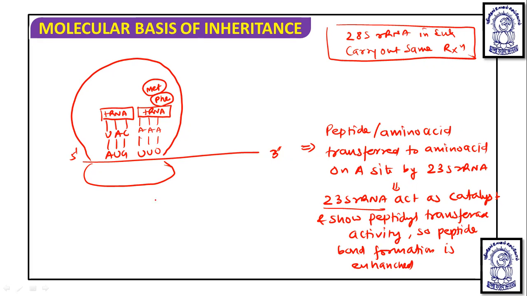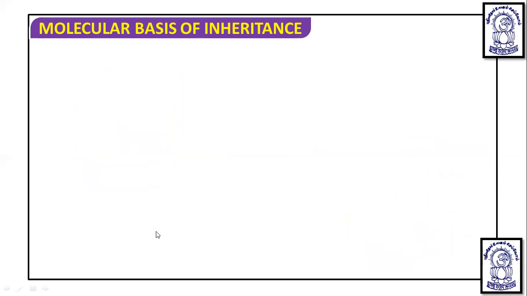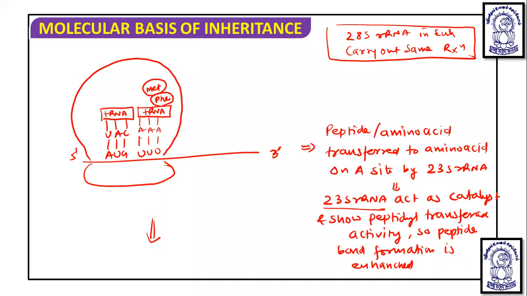Now after this, what will happen? After this, the translocation will happen. So in translocation, the tRNA on the P site is going to be shifted to the E site, and whatever is present on the A site is going to be shifted to the P site.